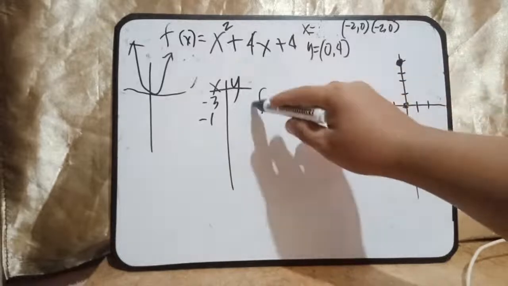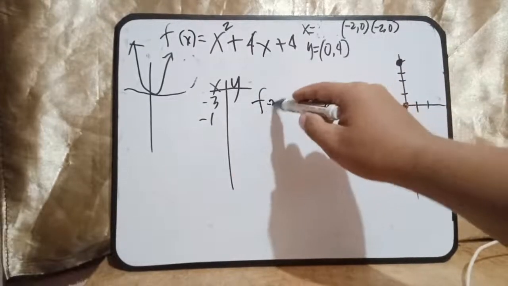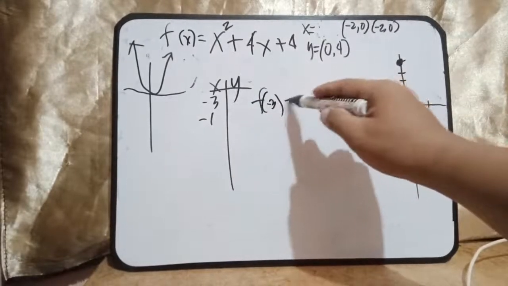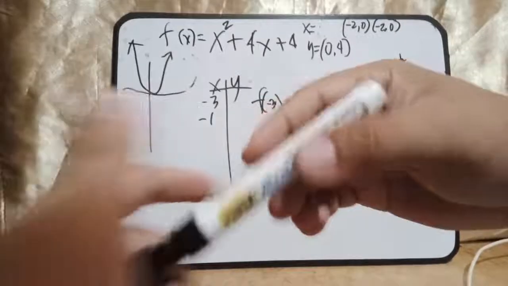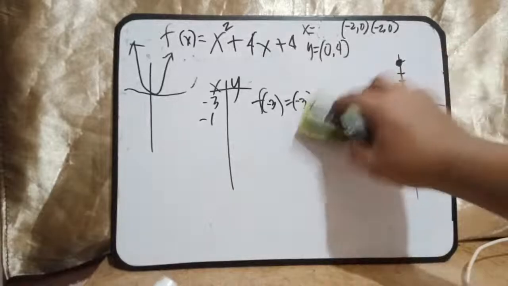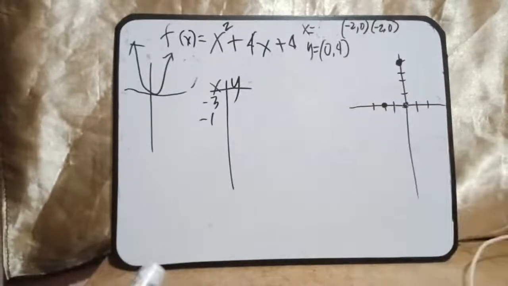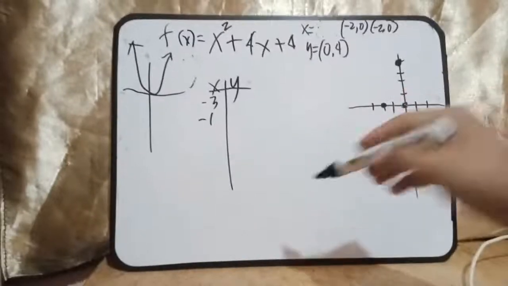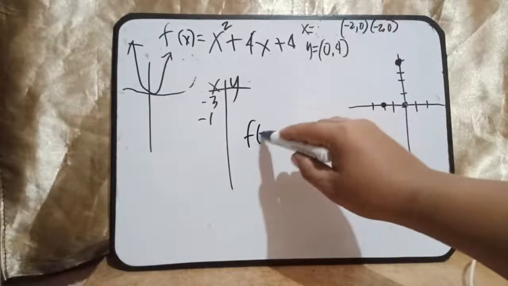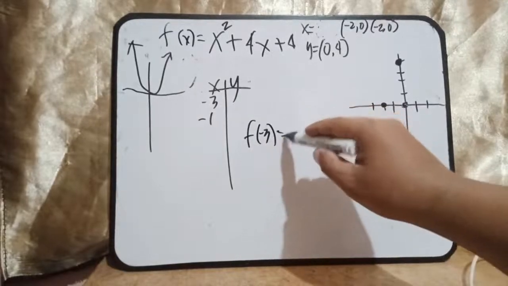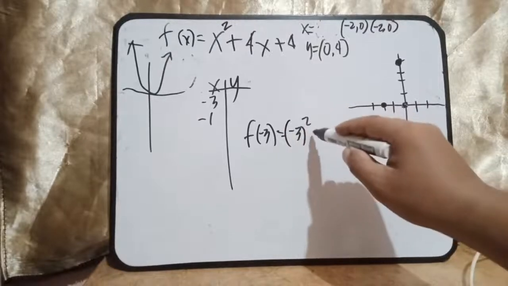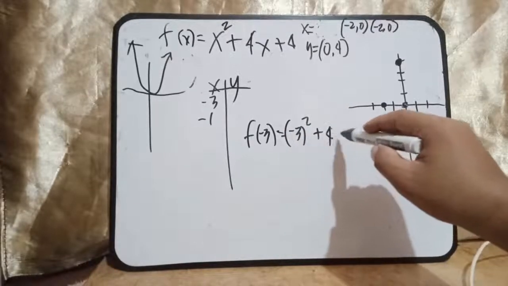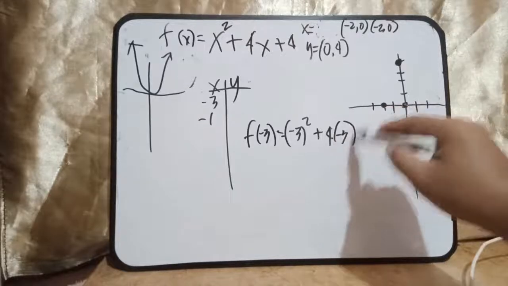So f of negative 3 equals to negative 3, okay, ulitin ko kasi parang hindi kasya. F of negative 3 is equals to negative 3 raised to the power of 2 plus 4 times negative 3 and then plus 4.